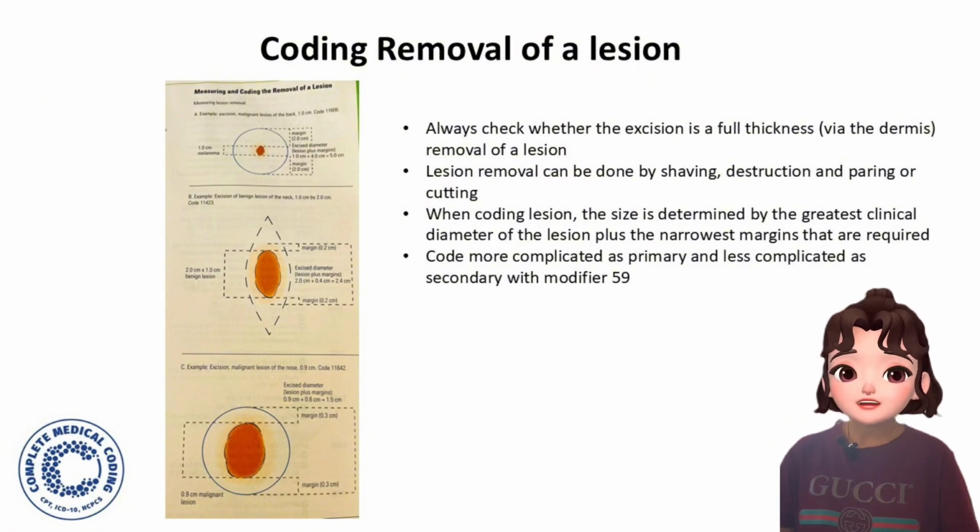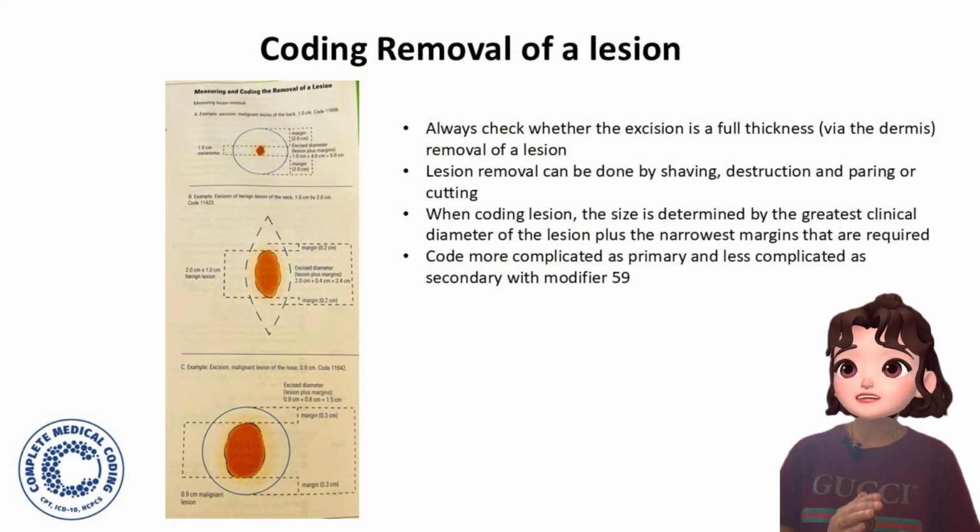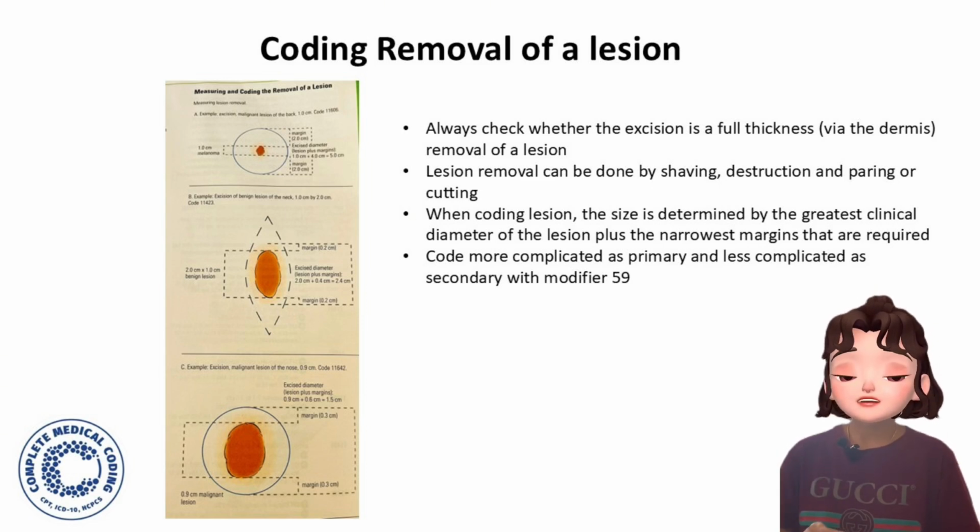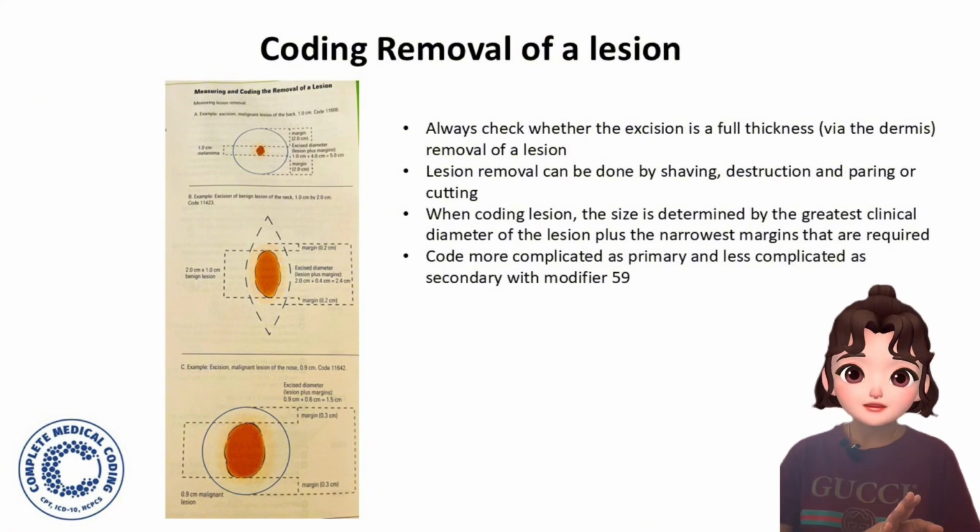When you are coding a lesion removal, you have to always check the size. The size should be determined by the clinical diameter of the lesion. How much is the diameter of the lesion? Accordingly, that size you have to mark, along with the narrowest margins that are required, the narrowest depth that is required. So all this you have to determine, the size as well as the margin.